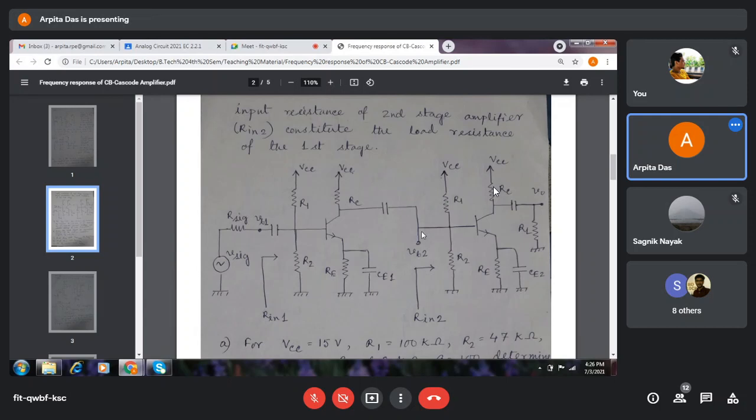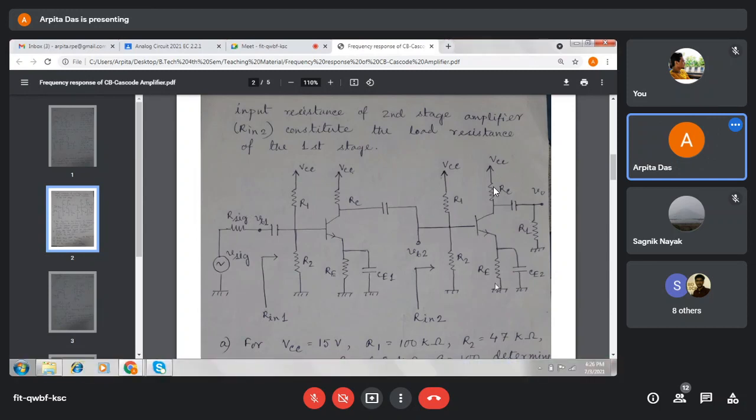So this is a simple RC coupled amplifier, rather it is called a cascade amplifier. The important thing is that this transistor and the biasing arrangement is called the first stage CE amplifier, where this side is the second stage CE amplifier.